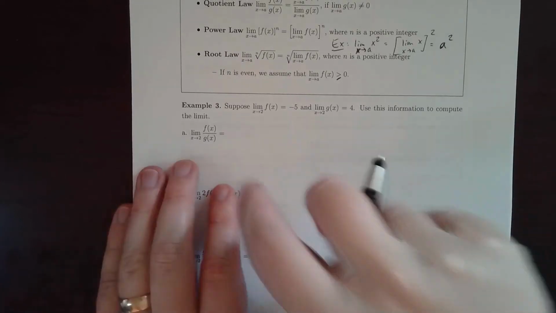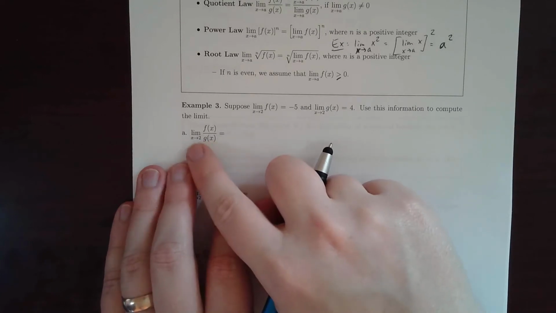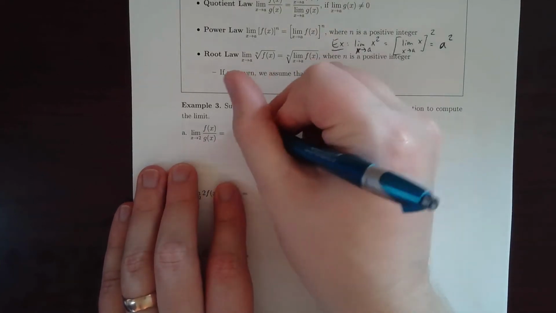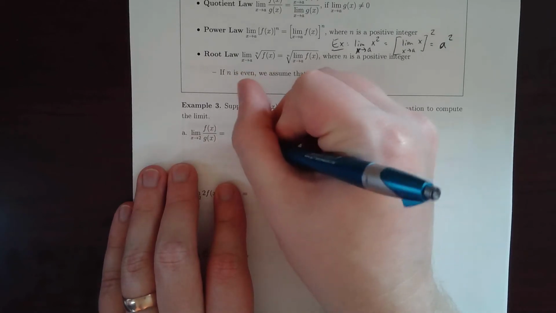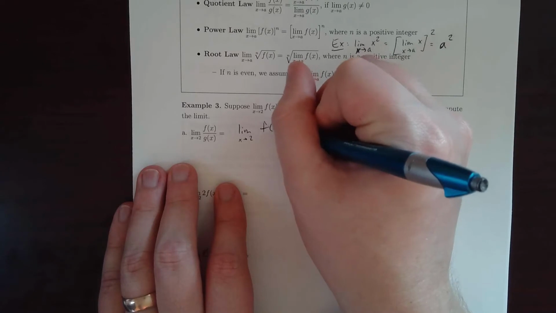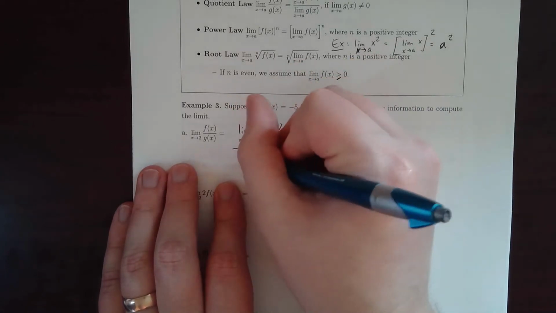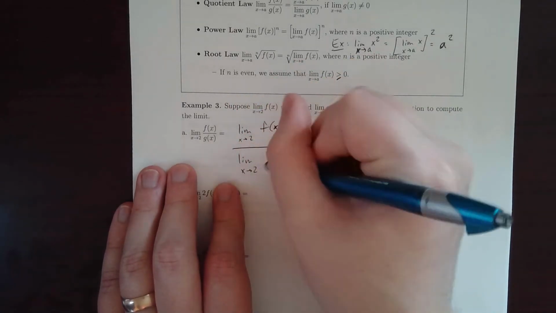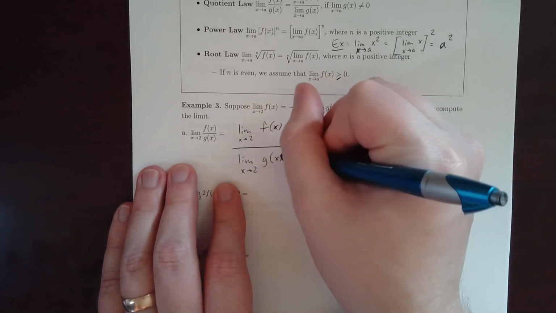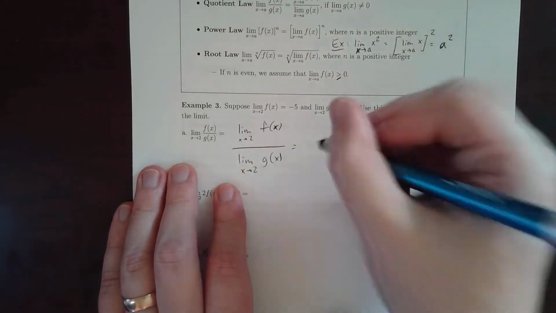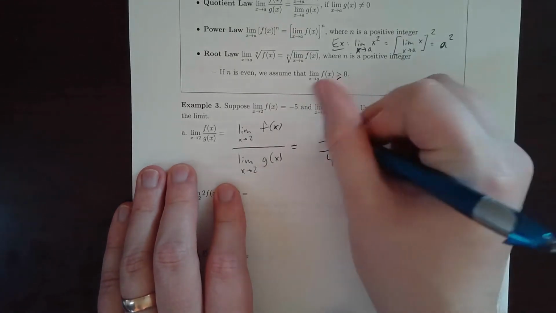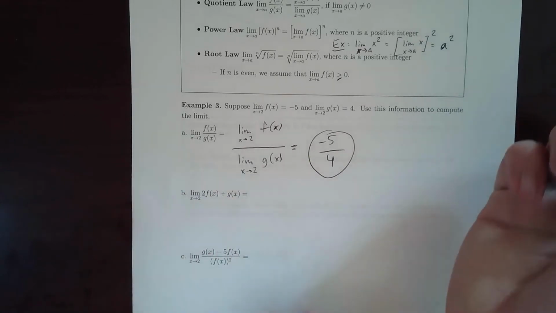So knowing this, if we want to compute the limit as x approaches 2 of f of x over g of x, then we're taking the limit as x approaches 2 of f of x and dividing it by the limit as x approaches 2 of g of x. And so we know both of these limits because they're given to us. So that gives us -5 divided by 4, -5/4.